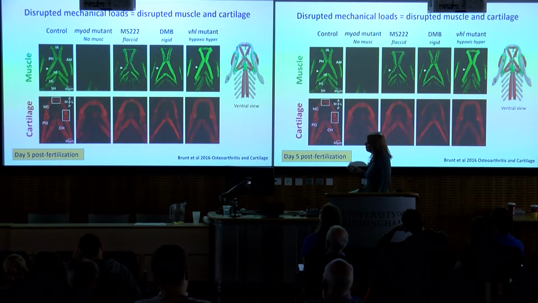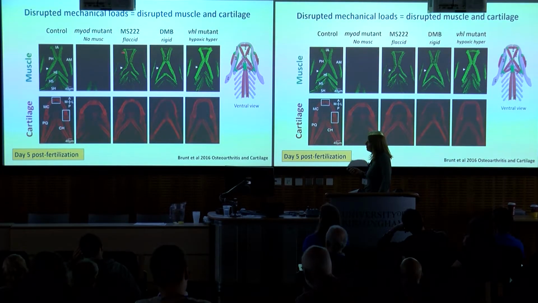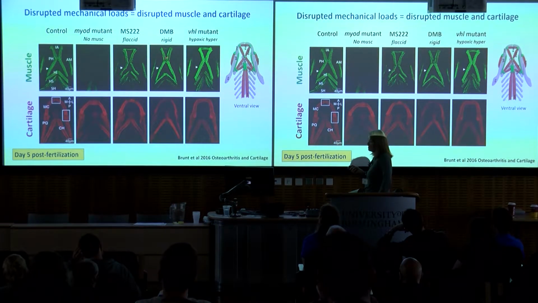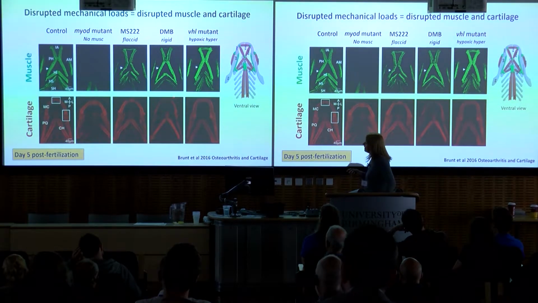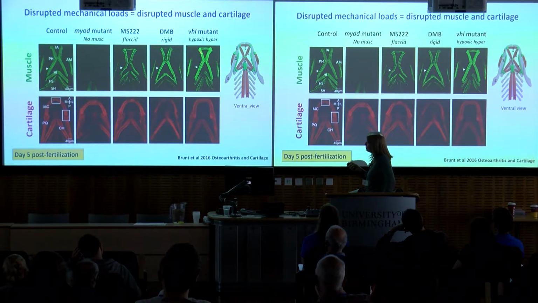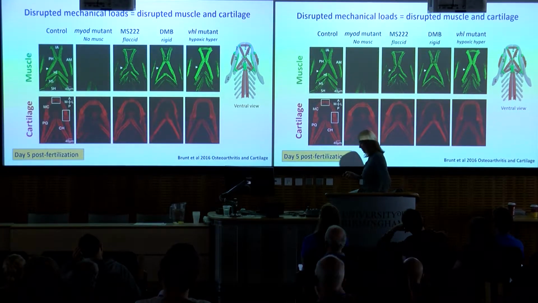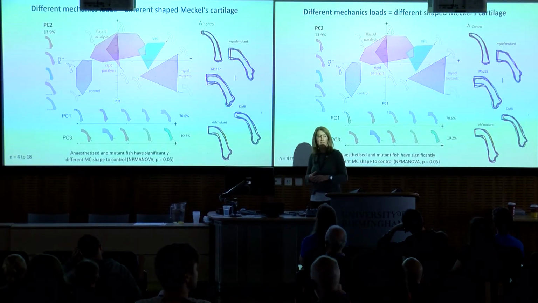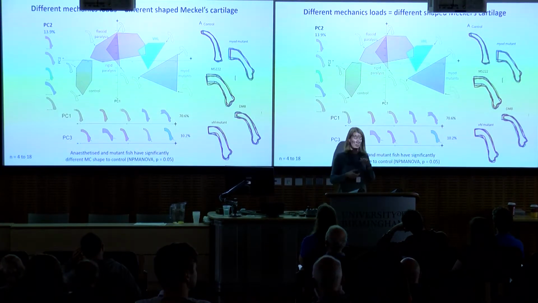Here's our Botox fish with its very flaccid, wriggly muscles. And here's our fish that's experienced this tight contraction the whole time. And then here's our hyperactive fish as well, which has got more musculature and then a more robust Meckel's cartilage. So we quantified this by doing outline analysis of the jaw shapes.